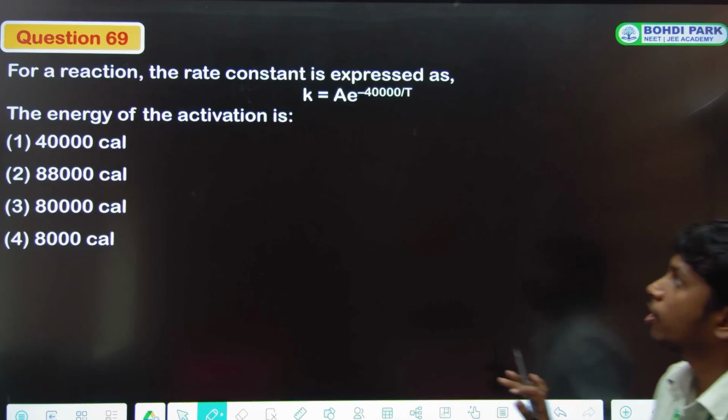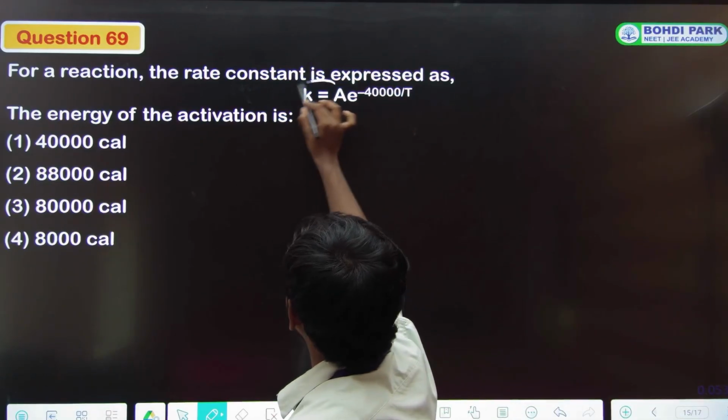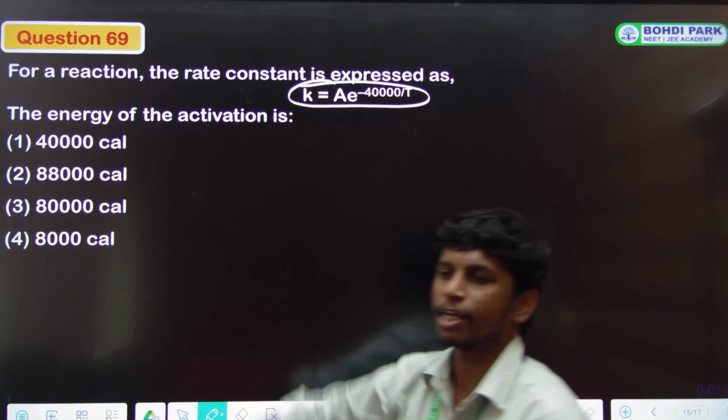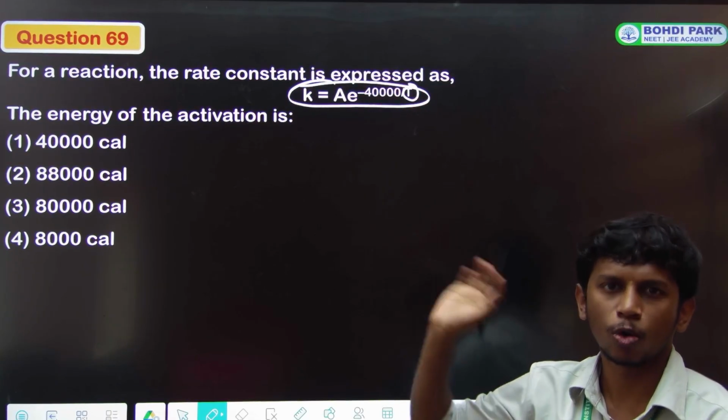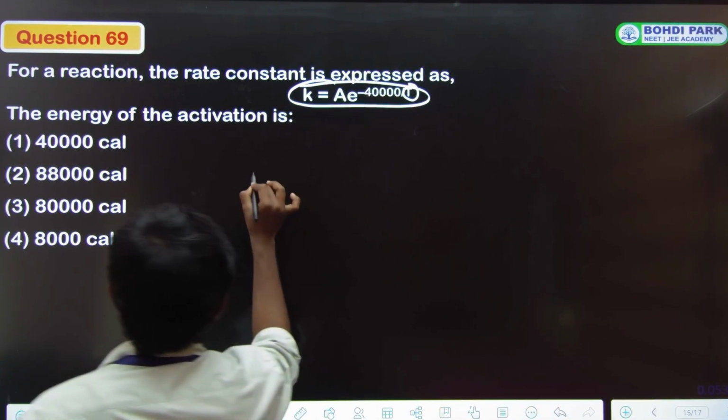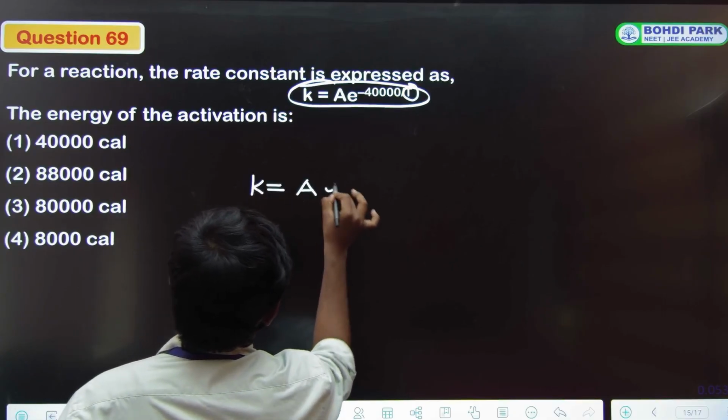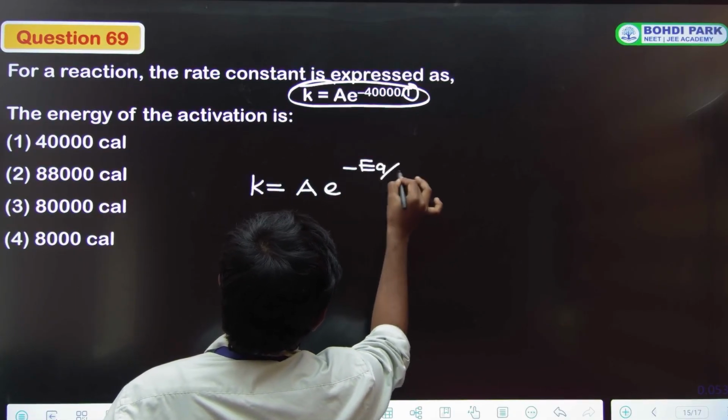Next, for a reaction the rate constant is given. This looks like the Arrhenius equation, which depends on temperature. The only equation relating temperature and rate constant is the Arrhenius equation. What is the Arrhenius equation? K is equal to A power minus Ea by RT.